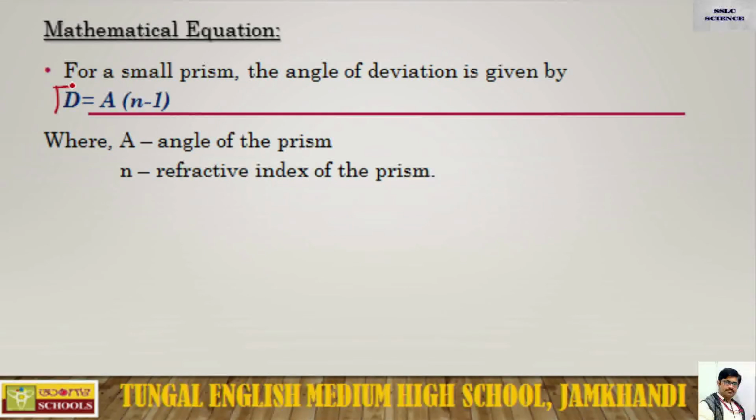This is the formula used to calculate the deviation produced, where A is the angle of prism and N is the refractive index of the prism. I hope you got this part clear as well.